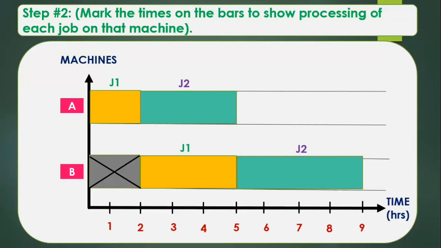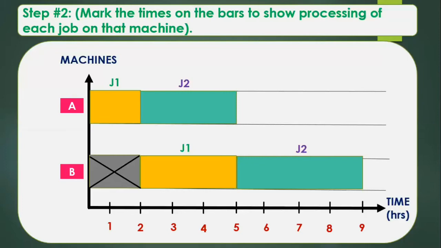Now, as you can see in our graphical presentation, we have two axes. First, we have the x-axis, which represents our time in terms of hours. And the second axis, that would be our y-axis, where we can see our machines. So in this case, you can see machines A and B. Now, based on our problem, remember, there are two jobs.